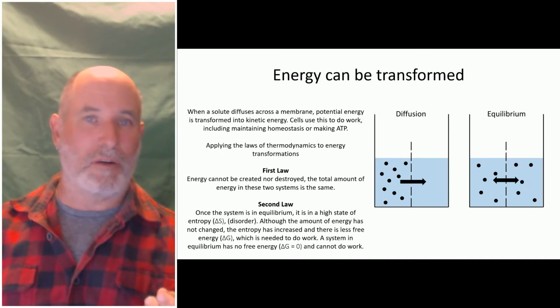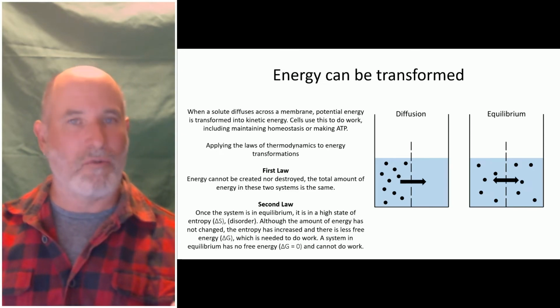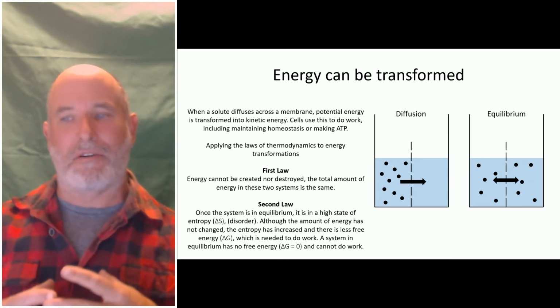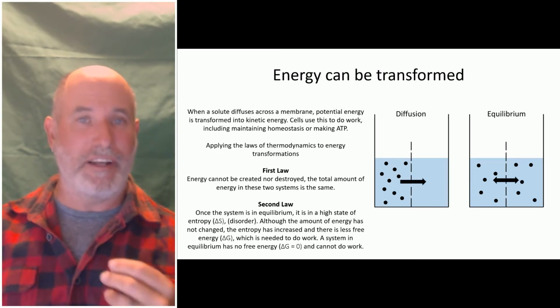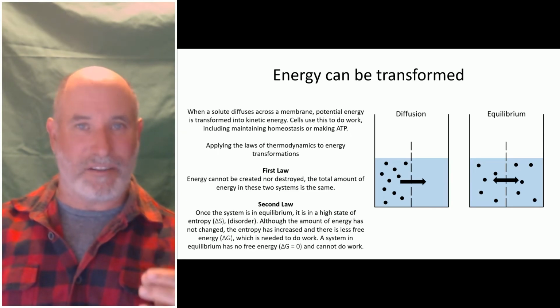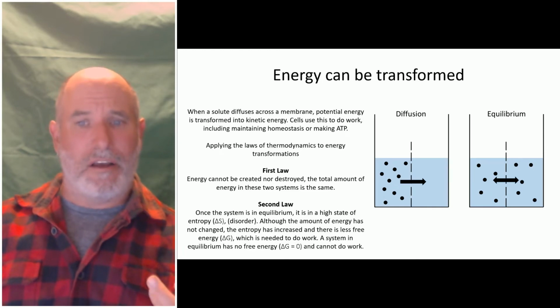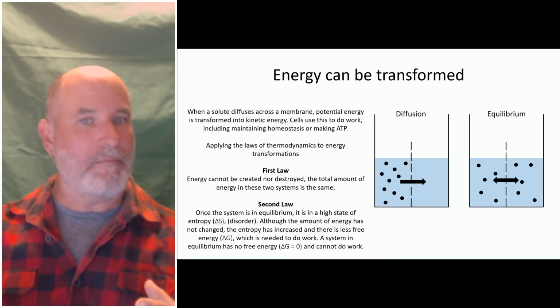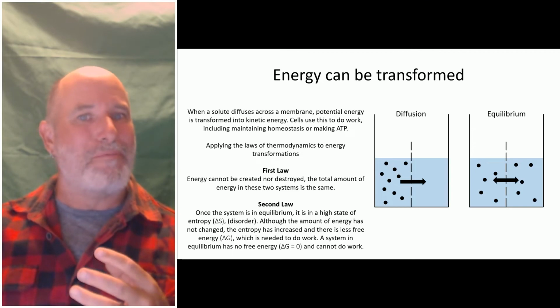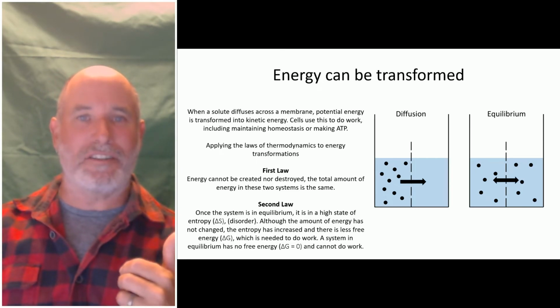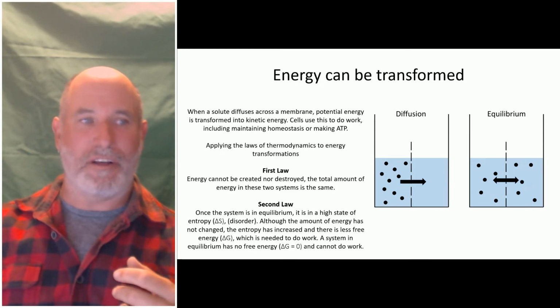In equilibrium, of course, delta G, the free energy, equals 0, and you have no more free energy available to do work. A system in equilibrium also has a high state of entropy, and entropy is delta S, our measure of disorder, right? So the amount of total energy hasn't changed, but our entropy has increased, and our delta G, our free energy, has certainly gone down.